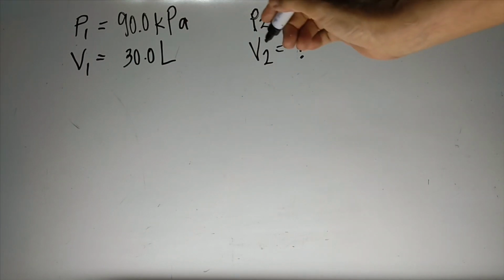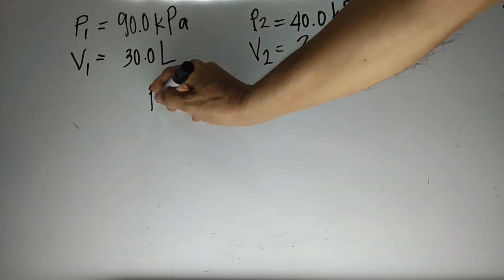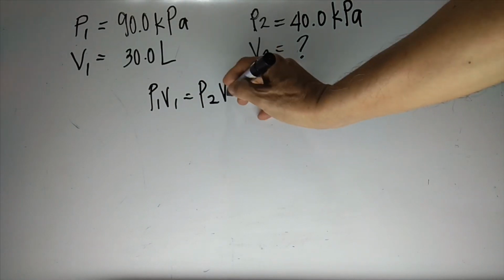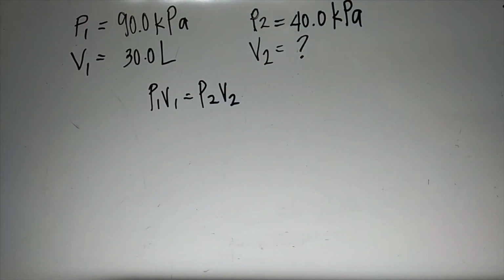So writing the formula for Boyle's Law, P1 V1 is equal to P2 V2. Then substitute all the given values to the formula.